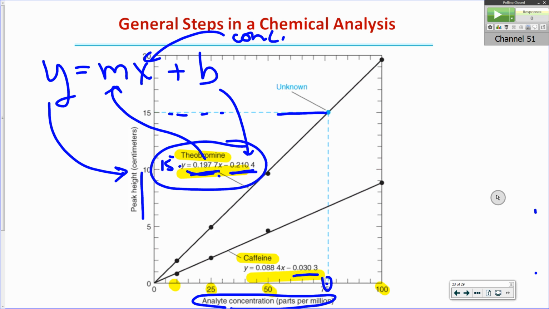The last thing that we were talking about was this idea of calibration curves, and we have linear lines. The key thing we need to start thinking about is that with a calibration, we're looking at whatever our instrument response is. Okay, in this example, it's peak height, it could be peak area, it could be current, it may be temperature.